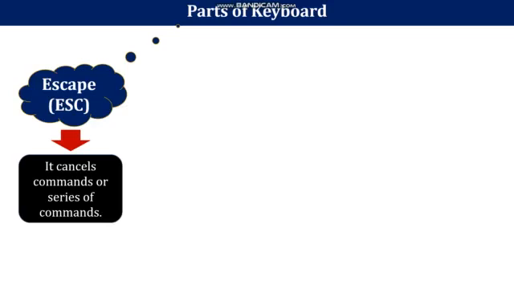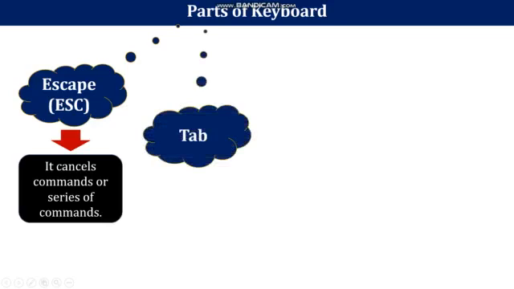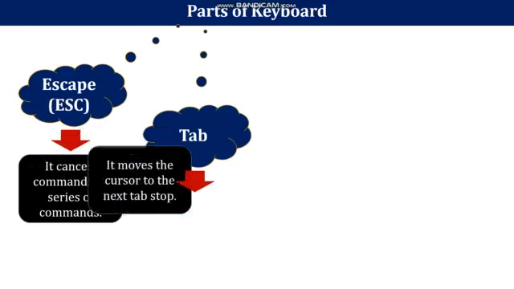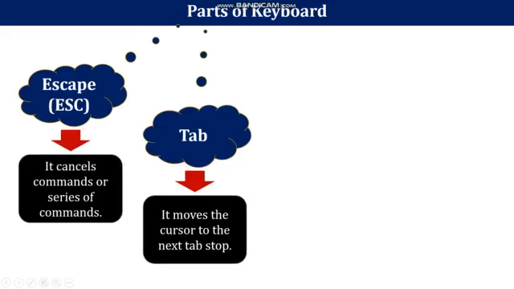Okay. Now next is tab. It moves the cursor to the next tab stop. Okay, so there is a bit of difference between space bar and tab. Tab moves the cursor to the next tab stop.